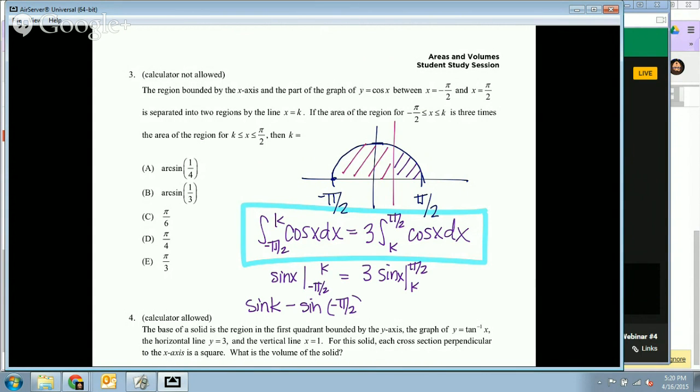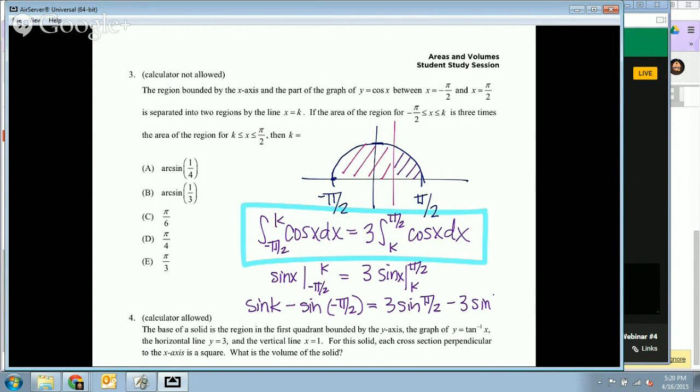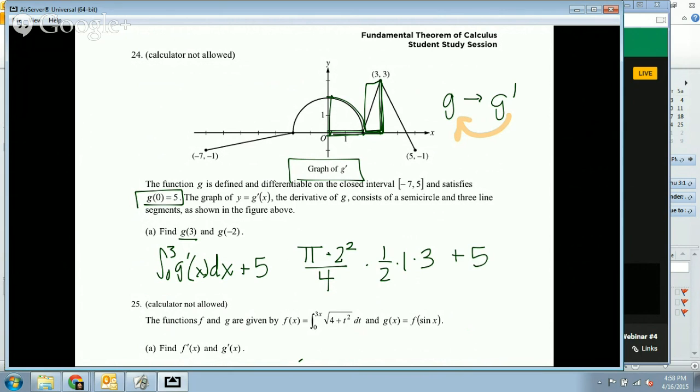Pi over 2 is equal to 3 times, and then I have to add my plus 5 times the sine of k. All right. That's it for g of 3. That's it. You don't need any more. Don't simplify it. This is good because it is completely numbers. So this is your g of 3.